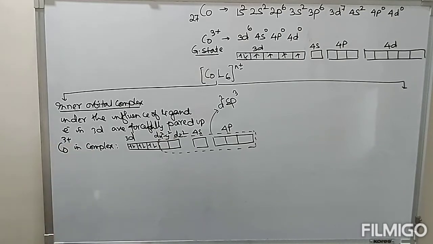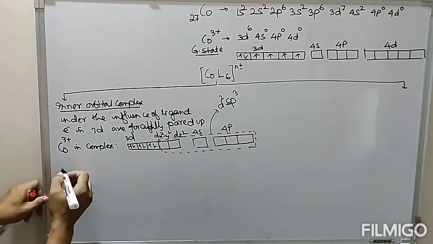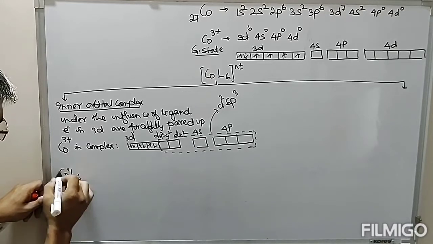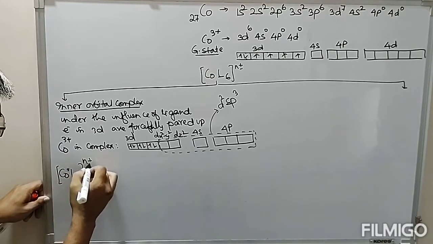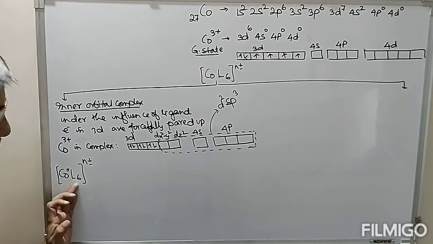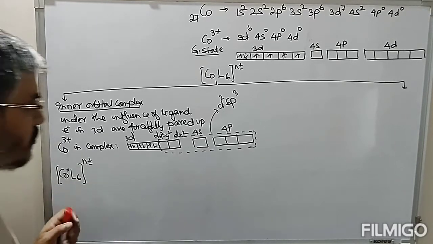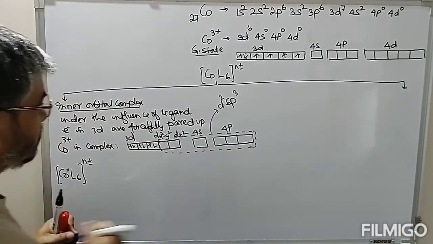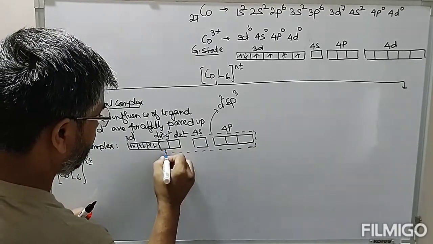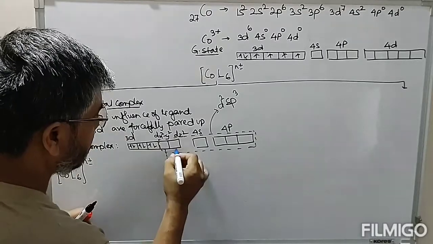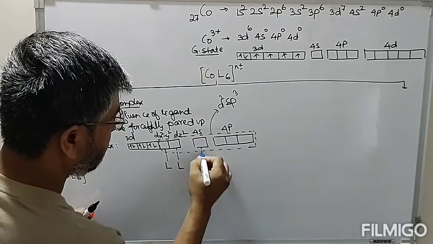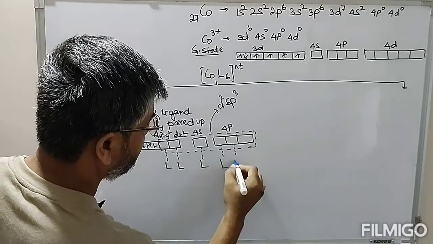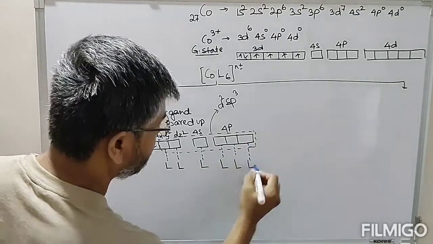Now this cobalt plus 3 now forms a complex with the ligands. Now each ligand will be transferring a pair of electrons. So we have this ligand, now this ligand here, second ligand, third ligand, fourth ligand, fifth ligand, sixth ligand.